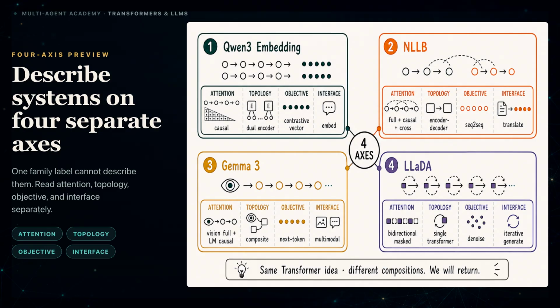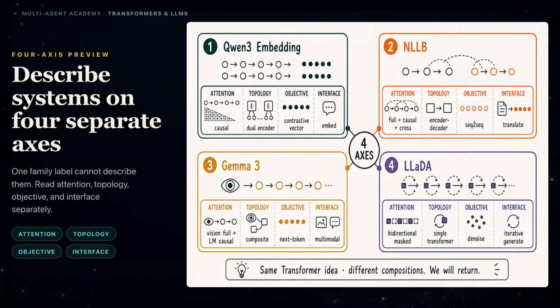LLADA, or LADA, uses bidirectional masked prediction and iterative generation. All 4 use transformers, but one family label cannot describe them. The board separates 4 fields: attention pattern, system topology, objective and output head, and serving interface. Do not memorize every cell yet.